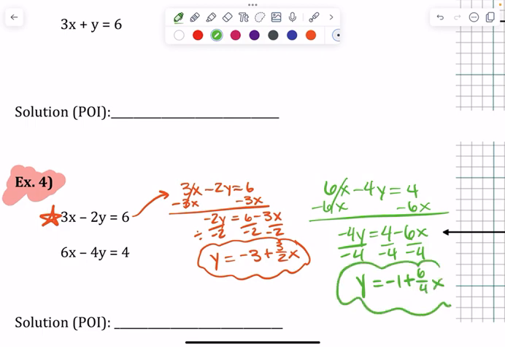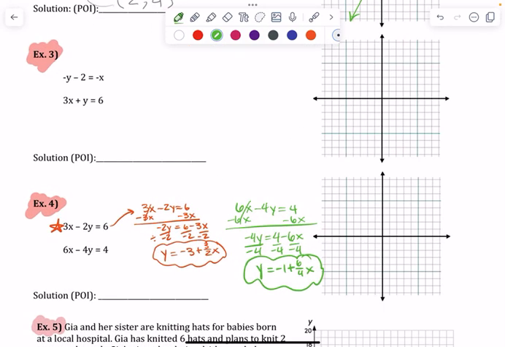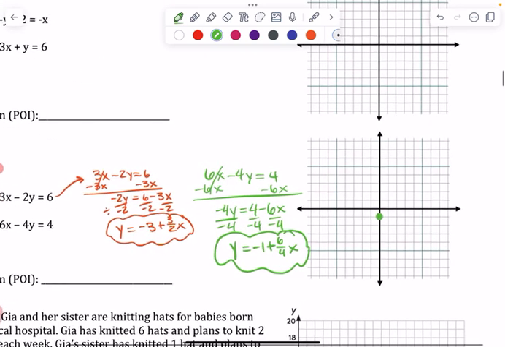So let's graph them both. So I'll graph this green one here first. So y-intercept of -1, positive 6/4 slope. So up 6 over 4. Go the other way.